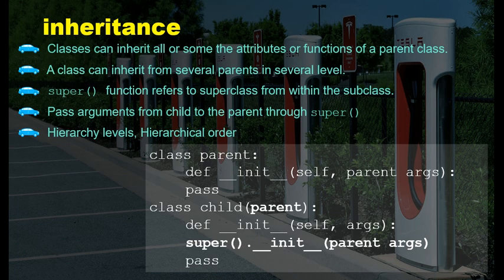Then we instantiate the child instances with self and arguments. This super function calls the init of the parent and passes the parent arguments from within the child to the parent to make the parent instances, and we do the rest.